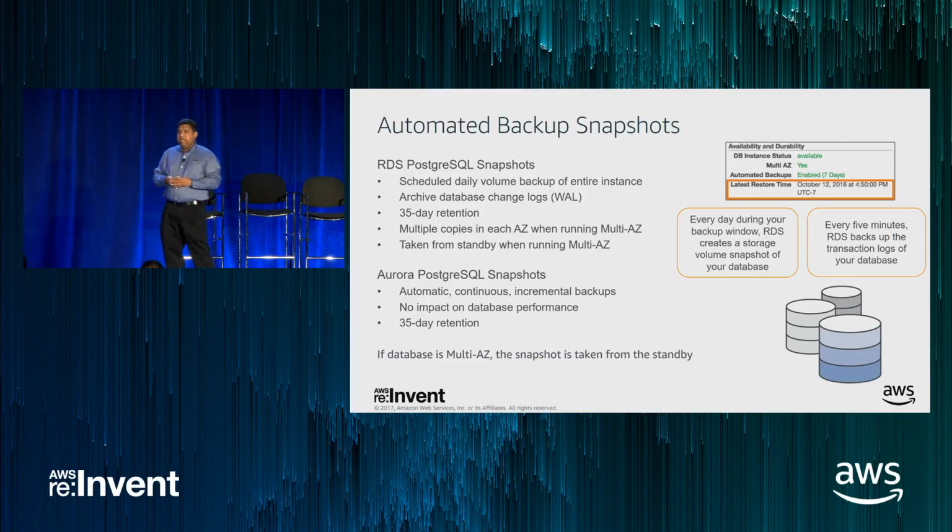On RDS, RDS leverages EBS snapshots underneath it for the Postgres engine, but along with that, it also archives all your write-ahead logs. So that gives you an ability to do a point-in-time restore also. So say, for example, somebody dropped a table at 10:42 p.m., right?